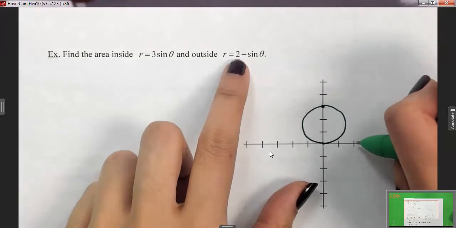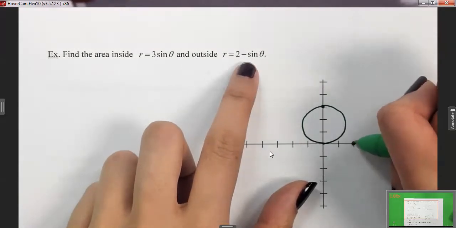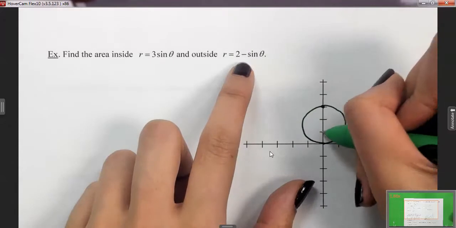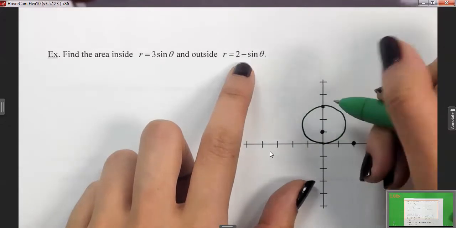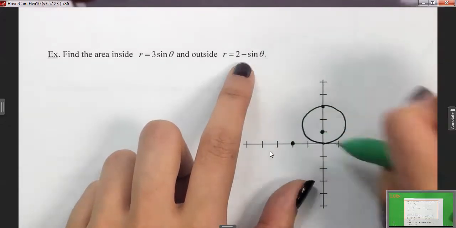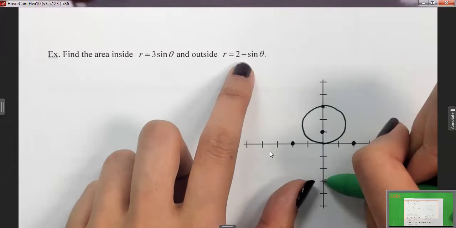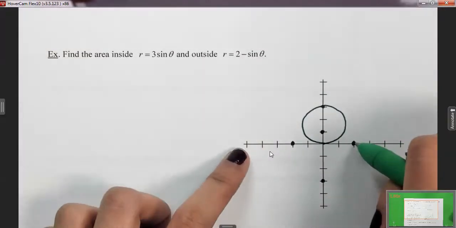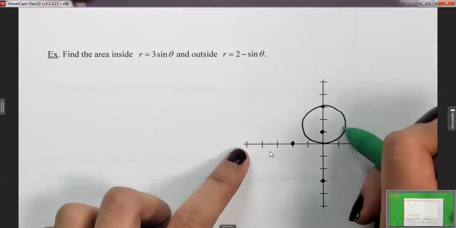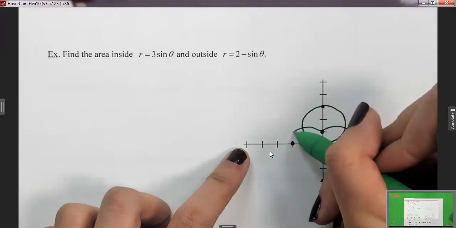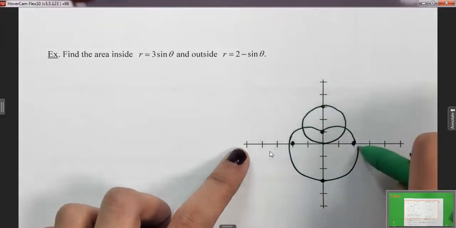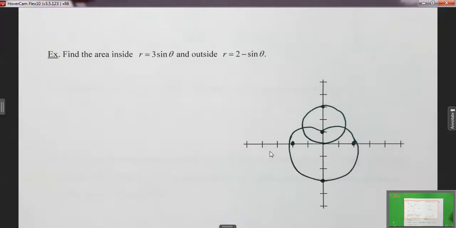So 0 plugged in is 2, pi over 2 plugged in is 1, 2 and 3, right? Okay, nice and round.